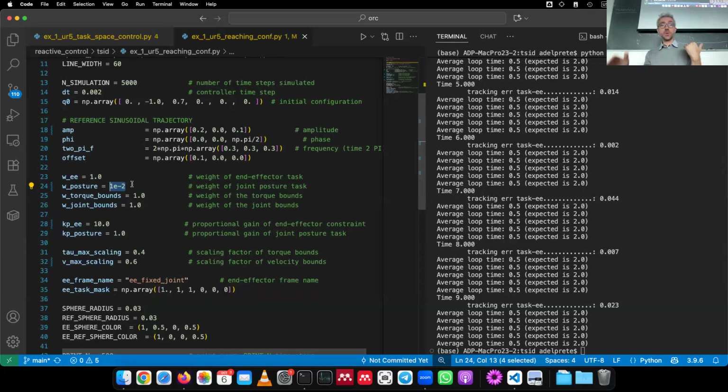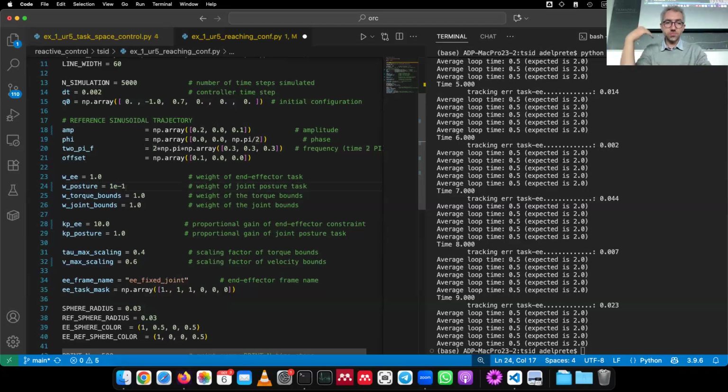The regularization weight that you add has the same role as the weight of the postural task here. So it's basically helping you avoid very high joint accelerations, which are linearly proportional to the joint torques. So the higher you set this one, the smaller the joint accelerations are going to be.